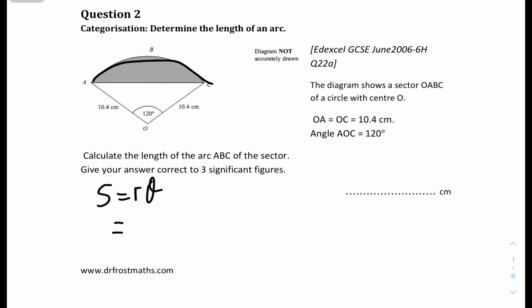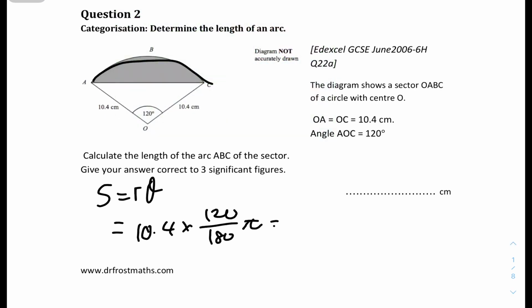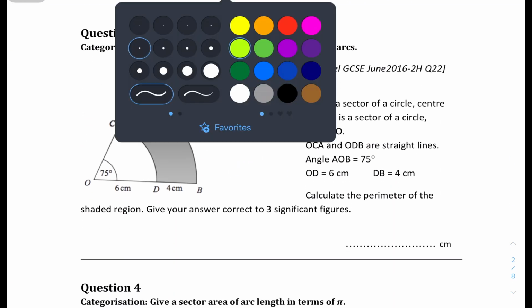The radius is 10.4 centimeters times the theta, which is 120 divided by 180 times pi to get a radians value. And if you put that into a calculator, you get an answer of 21.8 centimeters, and that's the answer.